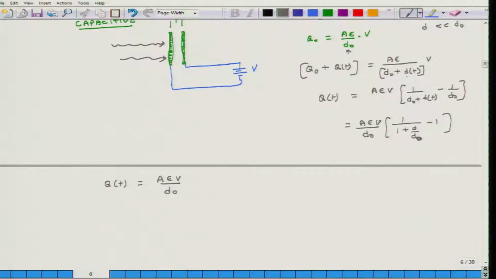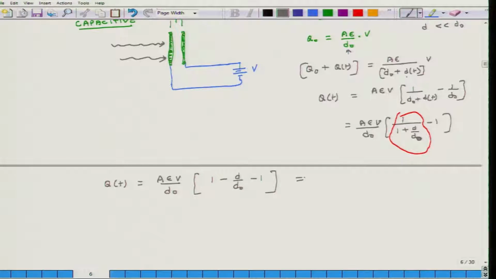d over d naught is a very small number. So I can take its approximation. So it is 1 minus d over d naught minus 1. Okay. So this entire term, if I take its binomial expansion and only consider the first term, I get this thing.